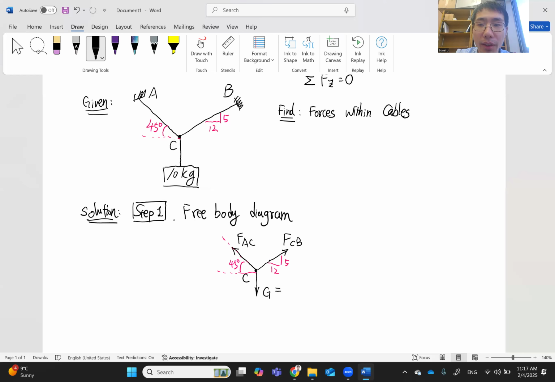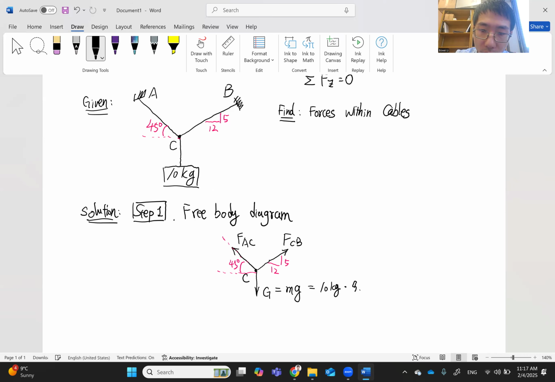Can we find out the magnitude of the gravity here? Of course, in the first class, we talked about gravity equals mass times gravitational acceleration, right? Now the mass is 10 kilograms, and what is the gravitational acceleration? This piece of information is typically provided in your exam, the same way as in a quiz.